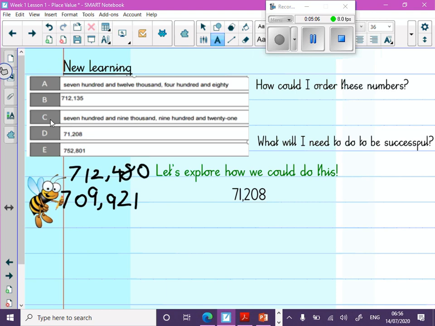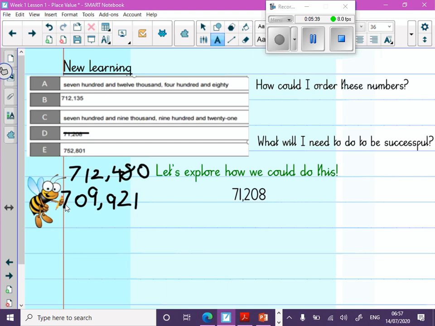71,208. So I can effectively cross that one out because I've used that number now. And to make it easier, I can visually cross it out with my line tool. Okay, so the next number we have, so we've got 712,480, 712,135. We have our number that was written in words, which we've rewritten, 709,921, or 752,801.